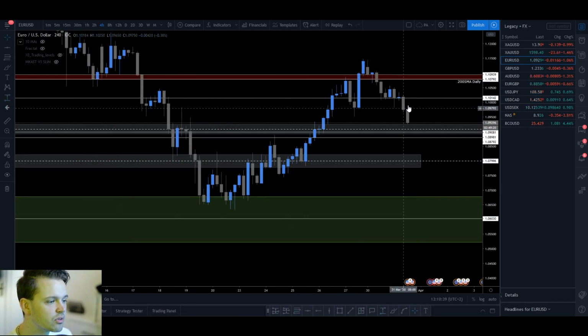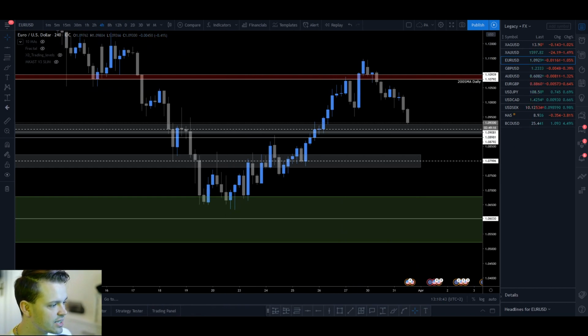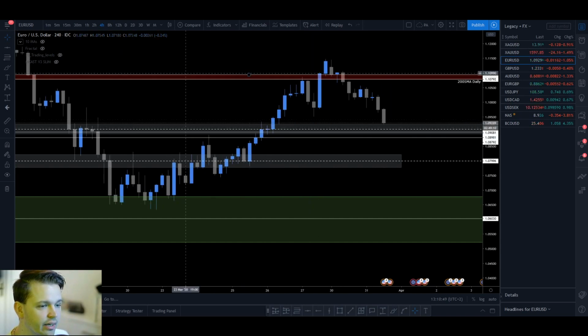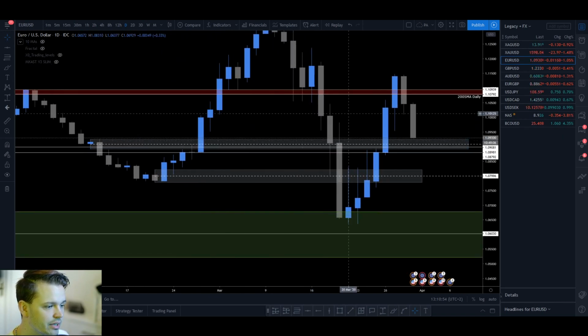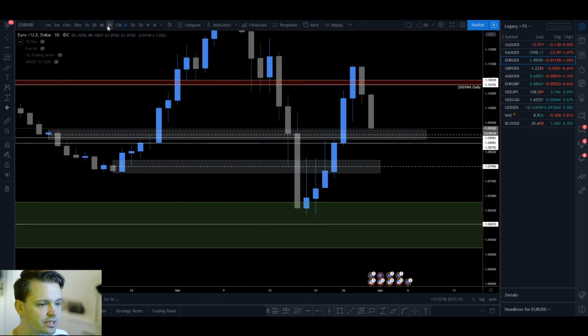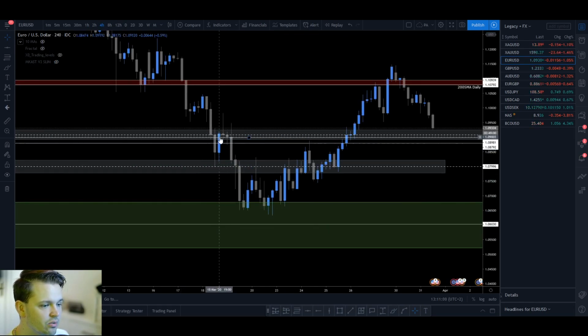What I'm looking for now, like Kong and I discussed in the Forex channel, is this daily order block right here. If you look at the 4-hour, it was being used as resistance here, we broke above, which gave us this powerful move.